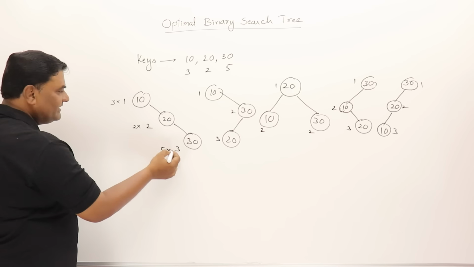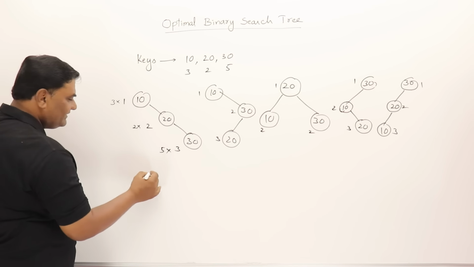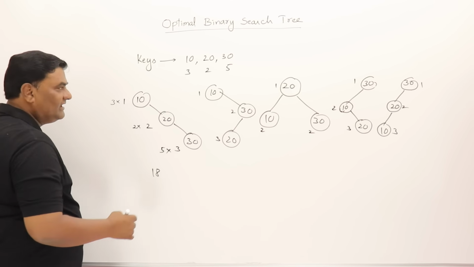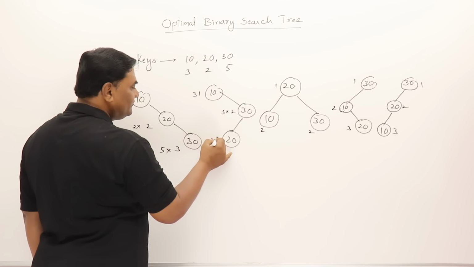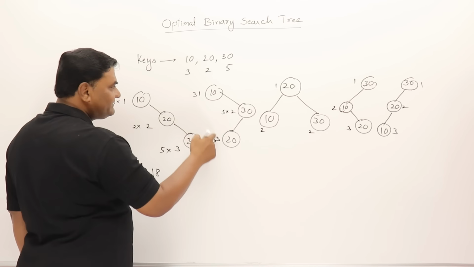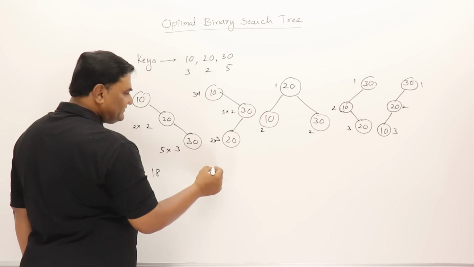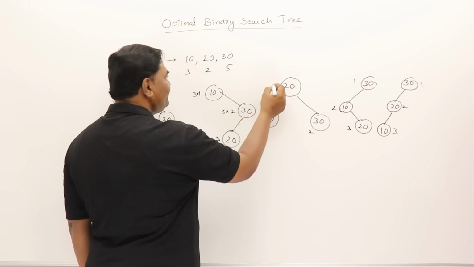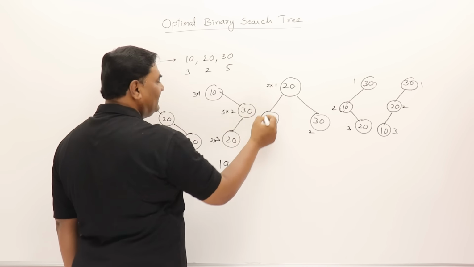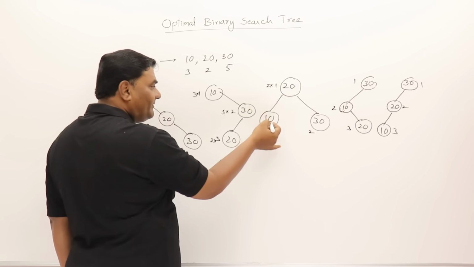So how much will this be? 15 plus 4 plus 3, 18. And this is 3, and this is 2, this is 5, and this is 2. So this is 10 plus 6 plus 3. So this is 19.